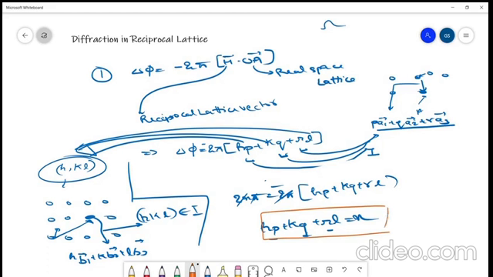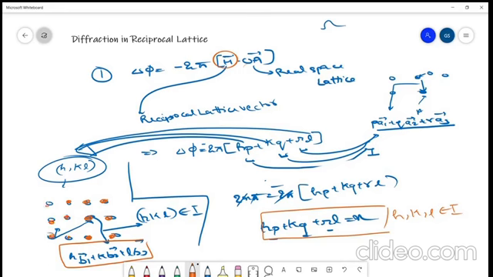That actually HKL are integers. So that means that this H vector is a valid reciprocal lattice vector. That means it will always point on a reciprocal lattice point. Why? Because HKL are integers. So that is a really good conclusion from these proofs.